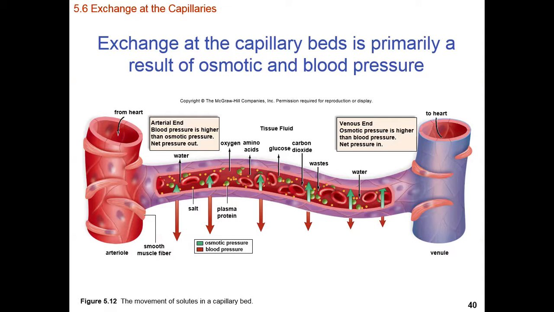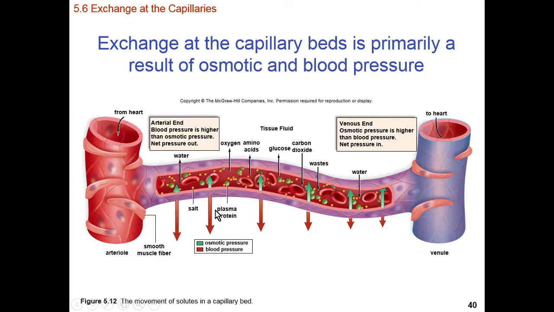Let's continue on and talk about exchange at the capillaries. We are going to have fluid, gas, and nutrient exchange occurring within our blood capillaries. Our blood capillaries are going to absorb and release chemicals. Generally speaking, on the artery side, where we have higher blood pressure, we have a net movement out of the blood capillaries.